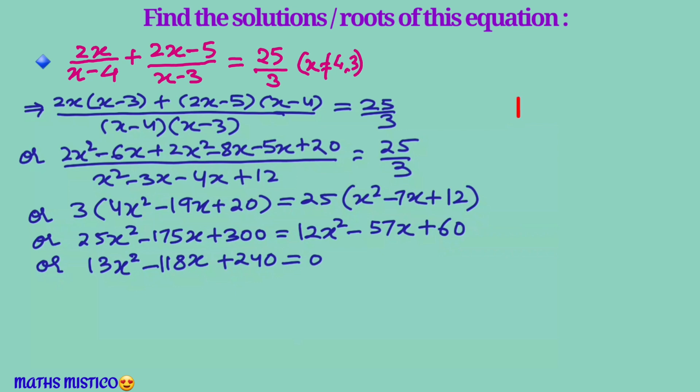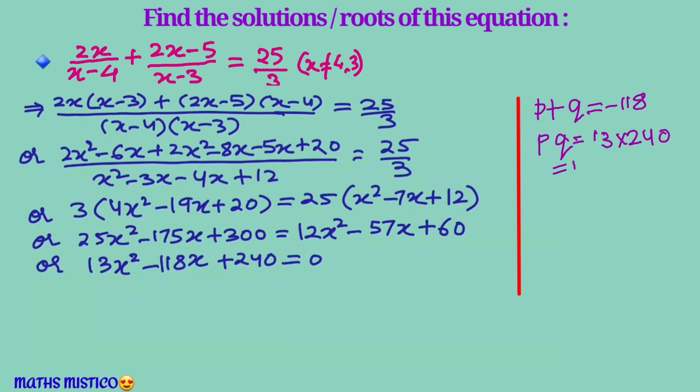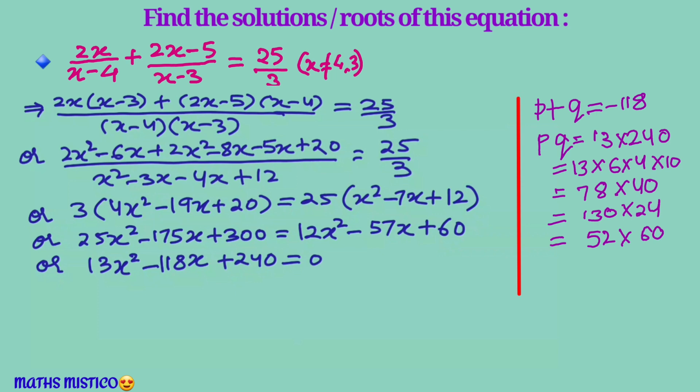Now we have to find p and q such that p plus q is minus 118 and p into q is 13 into 240. Let's find out various pairs of factors for this product and observe it carefully. So we find that minus 78 and minus 40 satisfy our conditions.